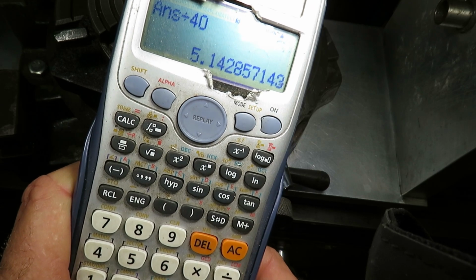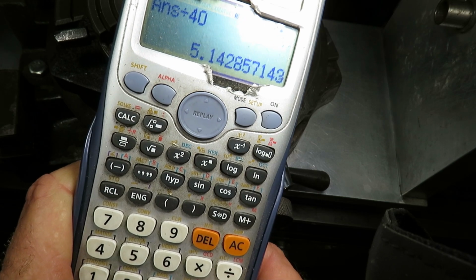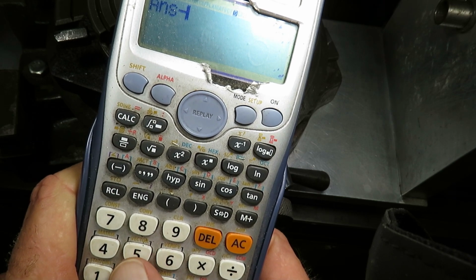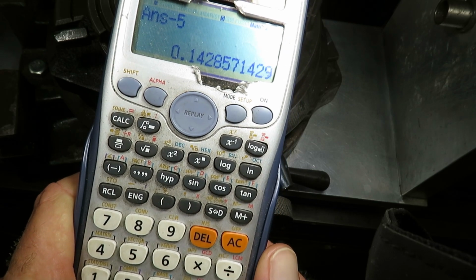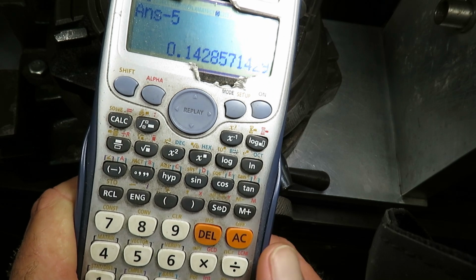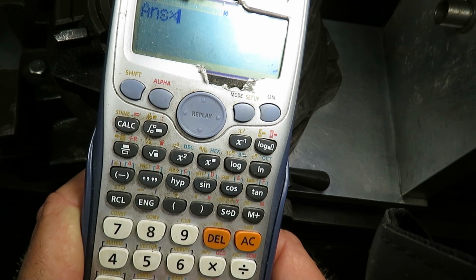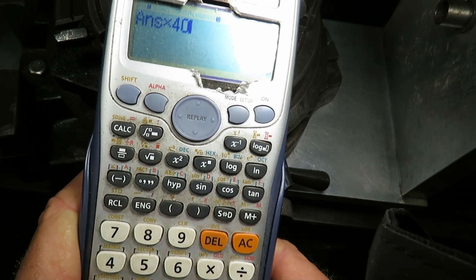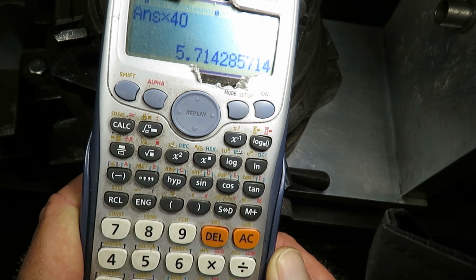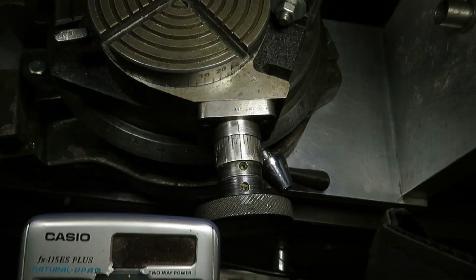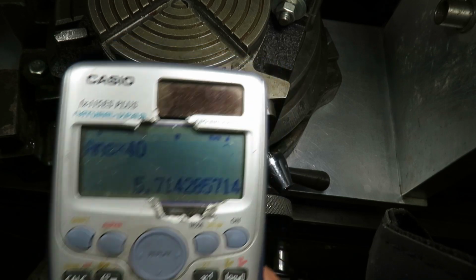So the 0.1428, let's subtract the 5, minus 5, and we just have the 0.1428 now. And we multiply that number by the 40 ticks that are on the dial, and you get 5.714 ticks.